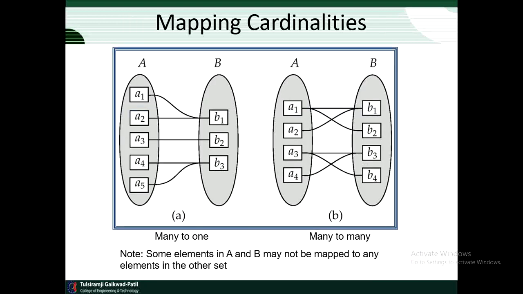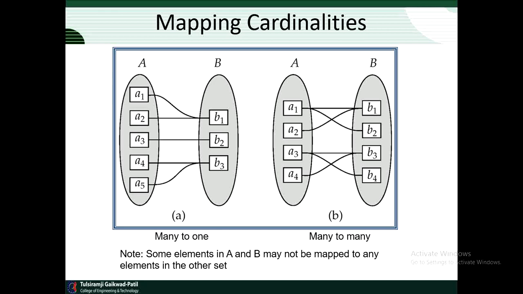Now we will see many-to-one mapping cardinality and many-to-many mapping cardinality. Here, in many-to-one mapping cardinality, entity set A has the 5 attributes A1, A2, A3, A4 and A5.